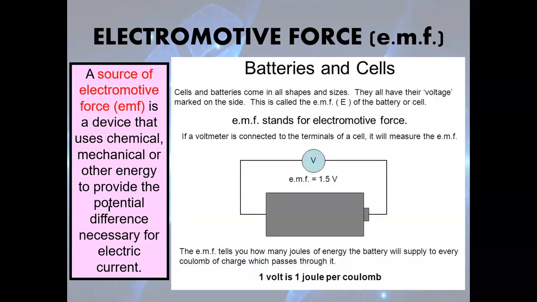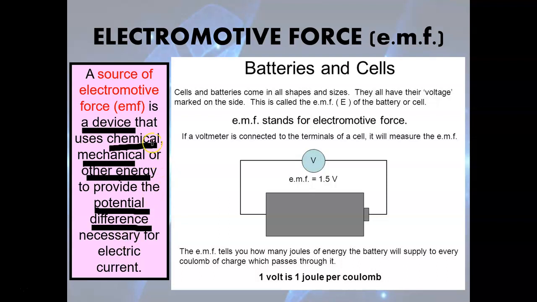So what is EMF? EMF is a device that uses chemical, mechanical or other energy to provide the potential difference. This is the key point, the potential difference necessary for electric current.